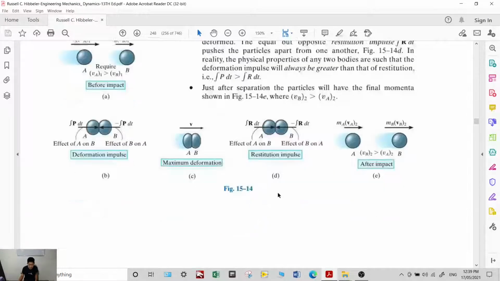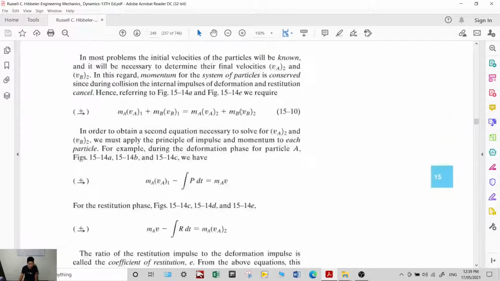So we can apply the conservation of momentum: mA vA1 plus mB vB1 is equal to mA vA2 plus mass of B times the final velocity of B. Okay, so you now have one equation.